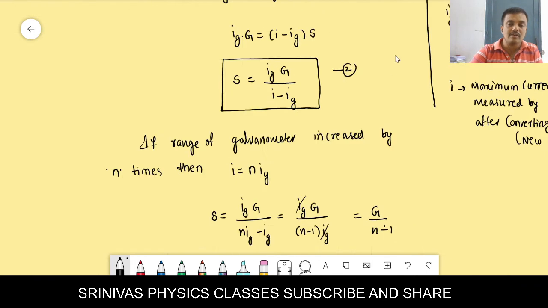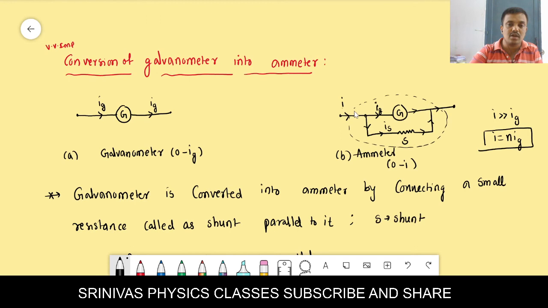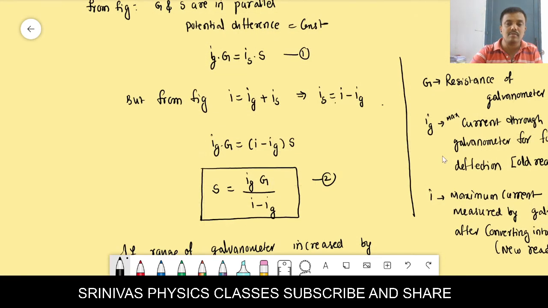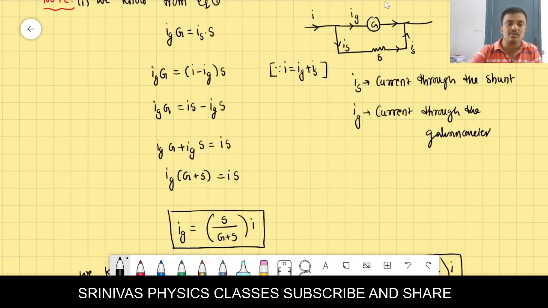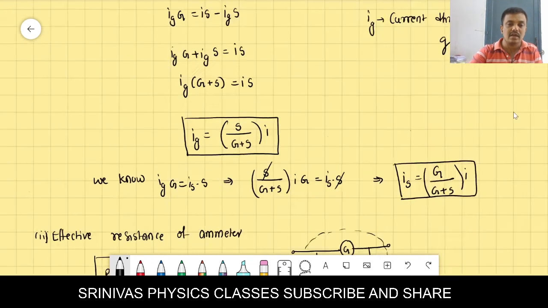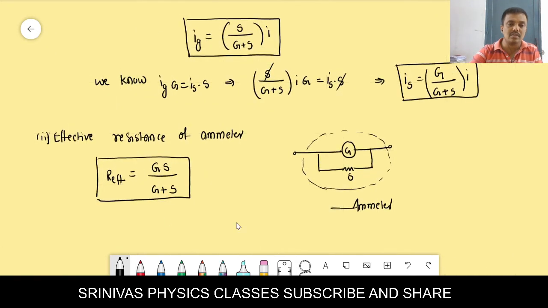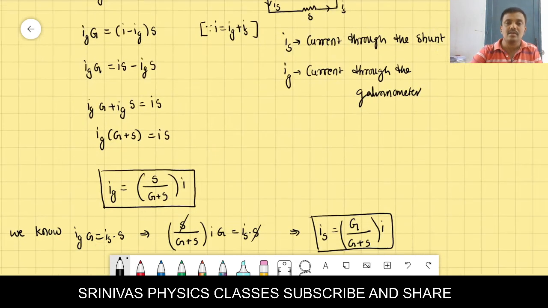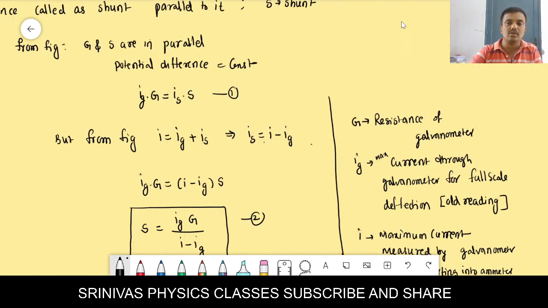Later, if anybody asks, if current I is entering the ammeter, how much current passes through the galvanometer and how much passes through the shunt resistance, we can calculate by using the note. In the note I derived the formula for Ig and Is. And what is the total resistance of the ammeter? That is GS by G plus S. This is about conversion of galvanometer into ammeter.